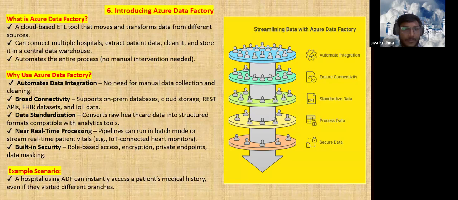After that, we are going to see real-time processing also, because this pipeline is triggered in batch mode. Batch mode is nothing but taking the large data at one time and running the pipelines. So it will give near real-time data, which will help us to take decisions based on the patient data.